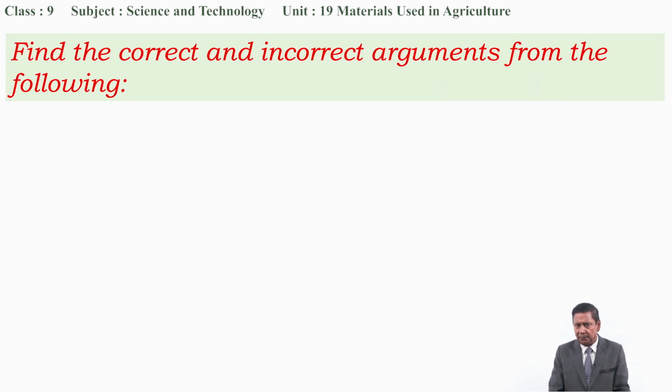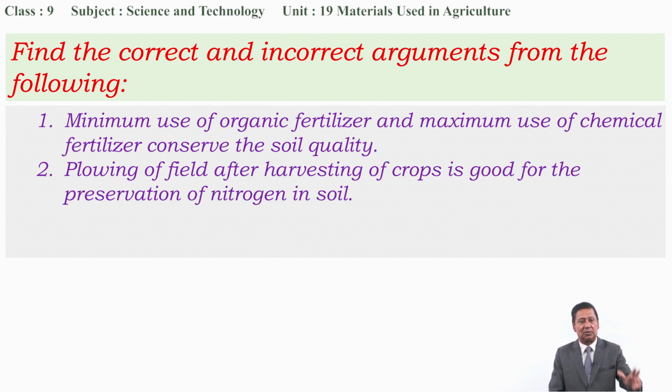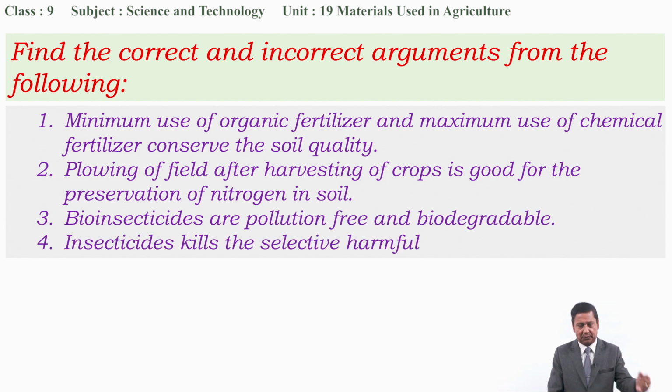Now next, find the correct and incorrect arguments from the following. The minimum use of organic fertilizer and maximum use of chemical fertilizer conserve the soil. In the same way, second, third, fourth. Now, reading each of them, we have to tick or we have to cut. Which one is correct, which one is incorrect.